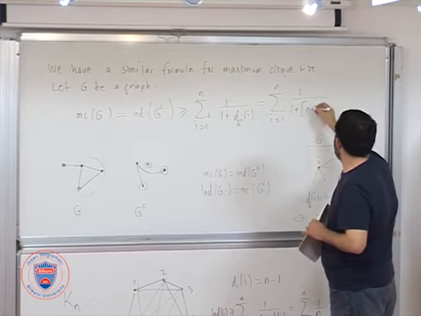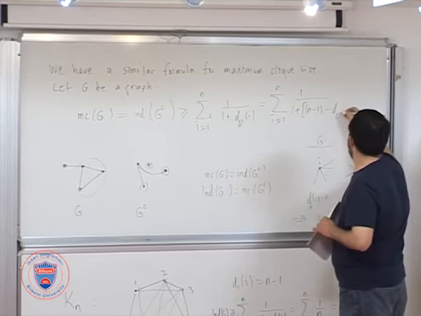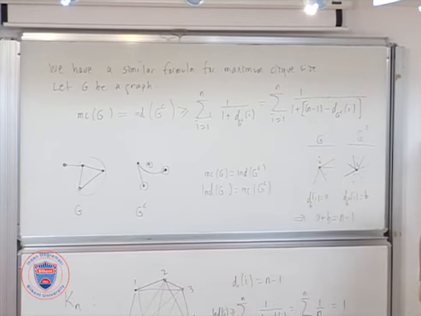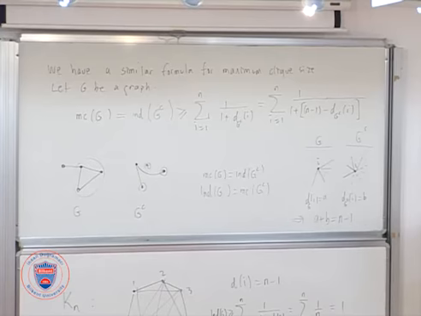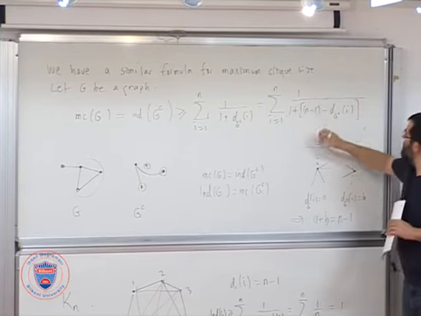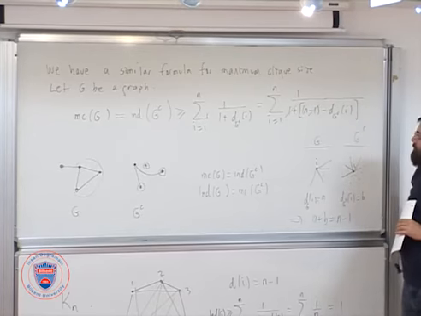So I can use that here just to change this. If their sum is N minus 1, I should say that this degree is N minus 1 minus d_i. But you can immediately see the 1 cancels, so you get N minus d_i.